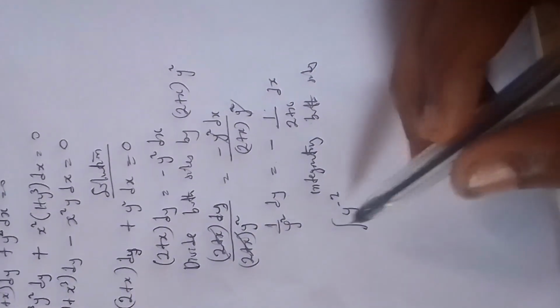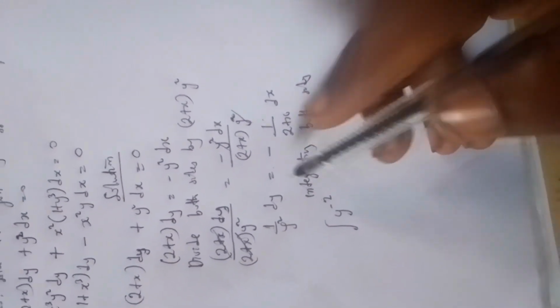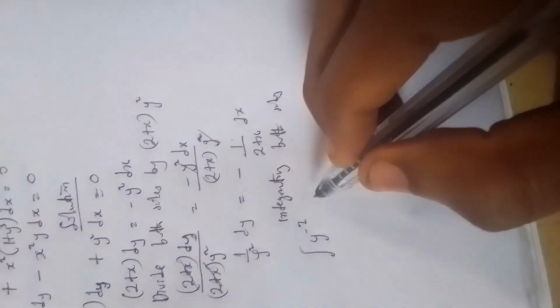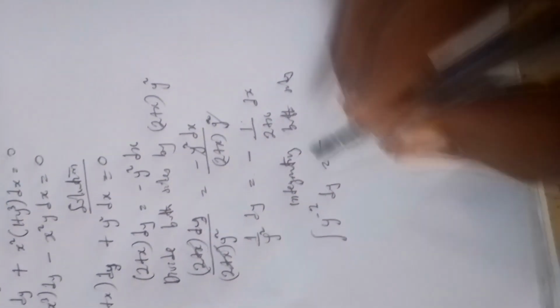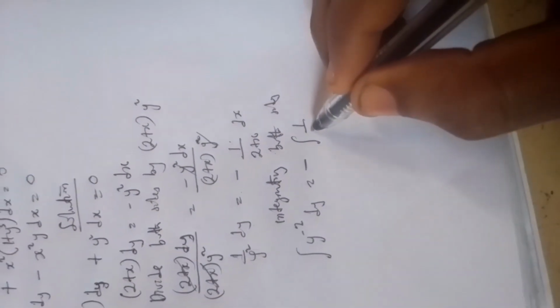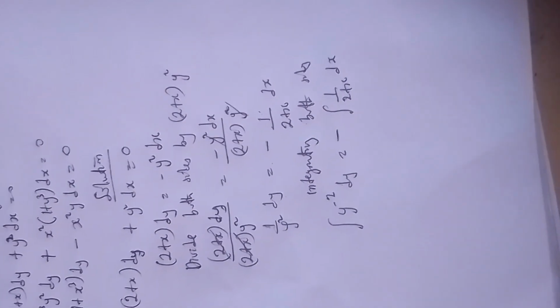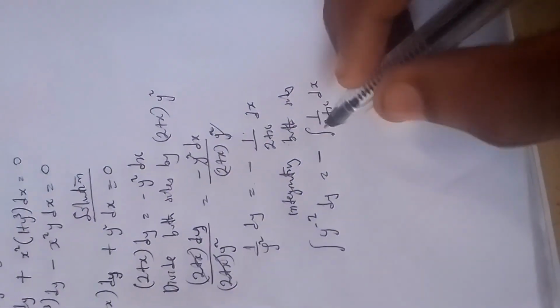According to indices, 1 over y squared is the same thing as y raised to power minus 2. So the integral of y to the minus 2 dy is equal to minus the integral of 1 over 2 + x dx. I don't need to convert this to indices; I just leave it in that same format.